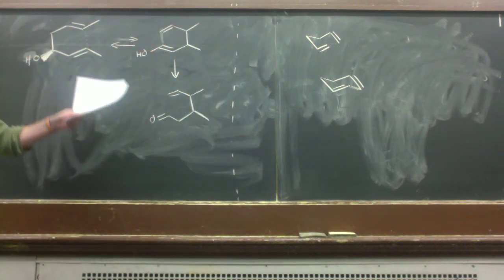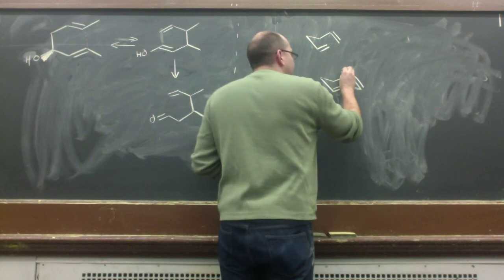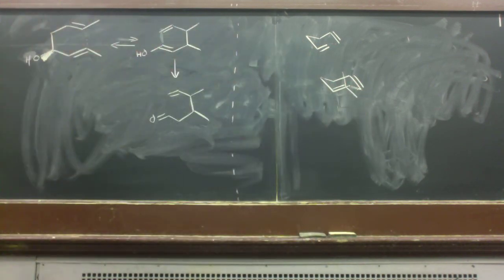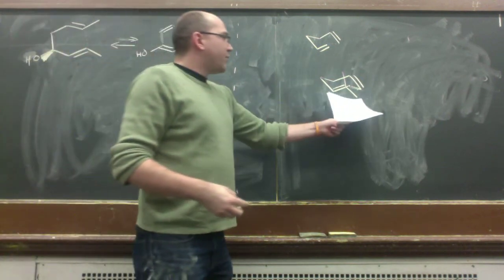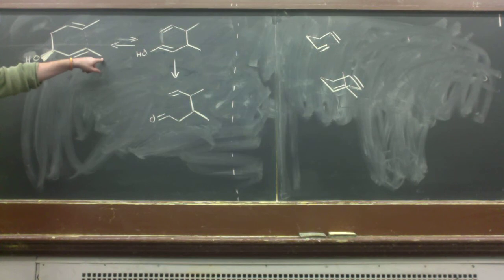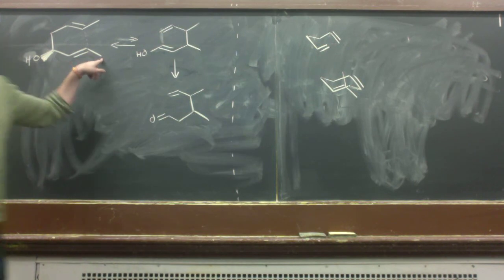This methyl group, I've got to put a methyl group either here or there. It's either going to be axial or equatorial, pseudo-axial or pseudo-equatorial, because it's the transition state. So if this methyl group is going to be this methyl group, which one's it going to be? Equatorial.